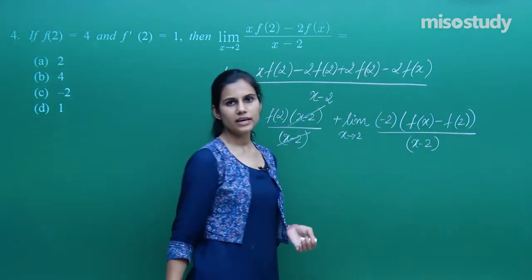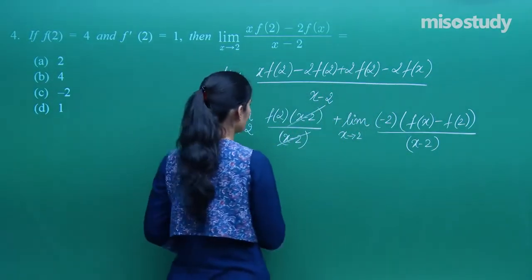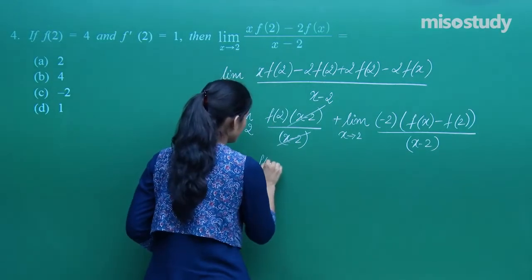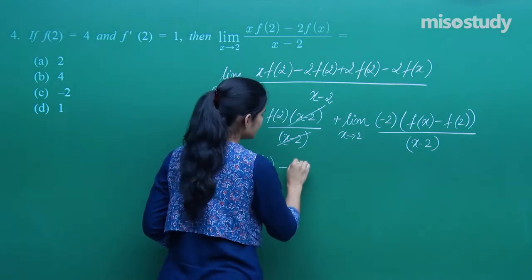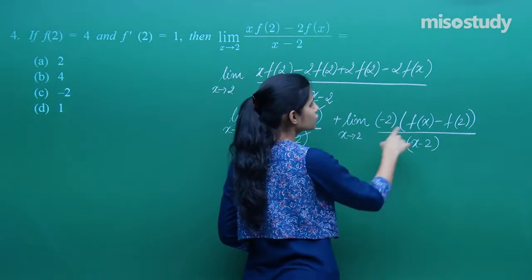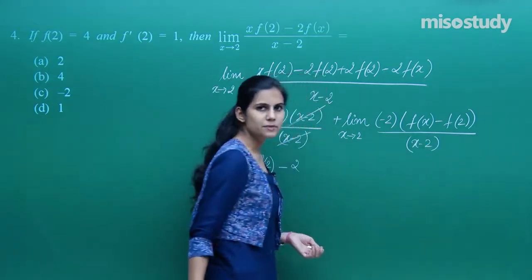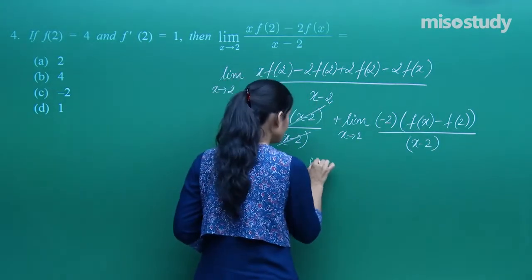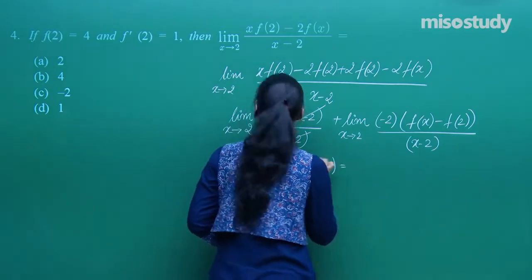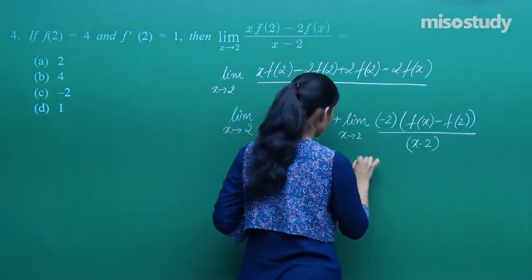I am just simplifying the expression, nothing else. So this gives me just f of 2. This is minus 2 times limit x tends to 2 of f of x minus f of 2 upon x minus 2, which is what? F dash 2.